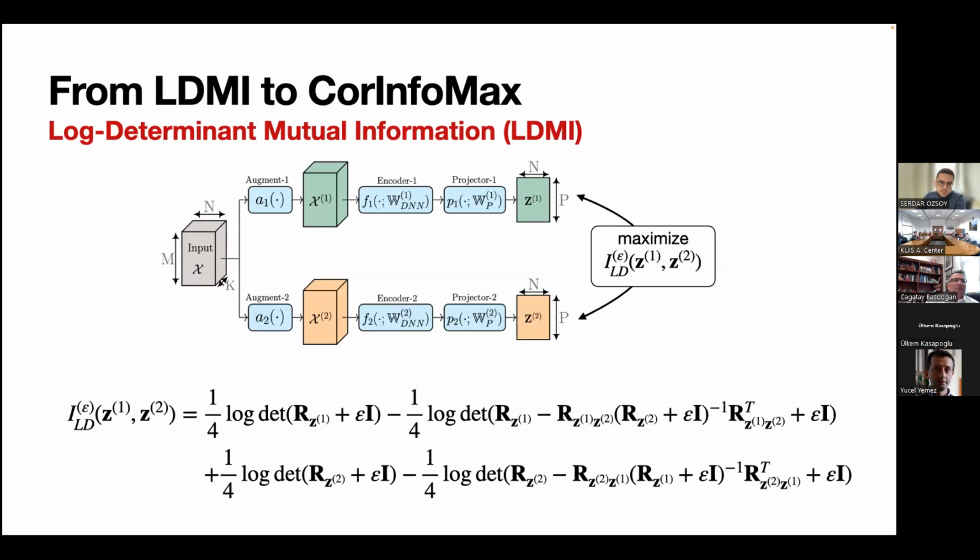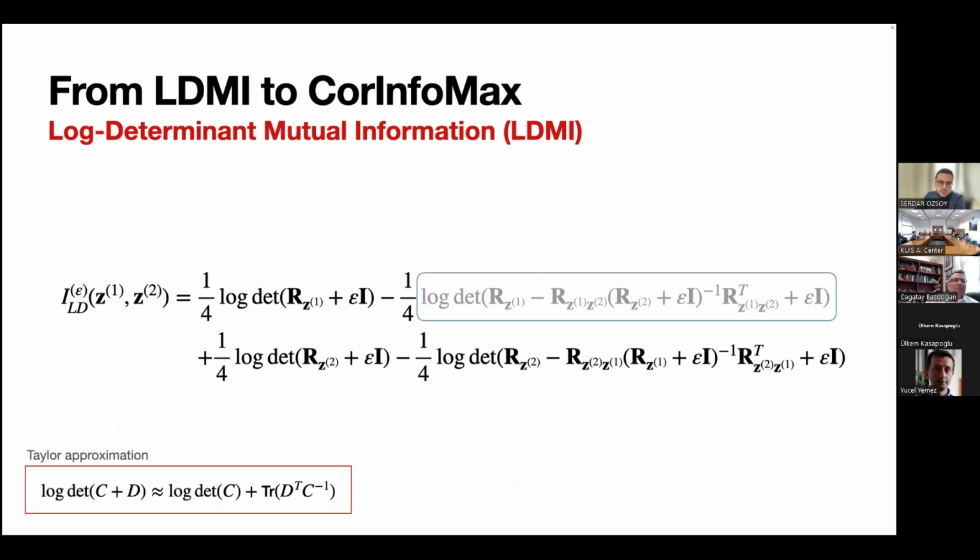As the self-supervised learning objective, we propose to maximize LDMI between two output representations, Z1 and Z2. With this purpose, we also calculate it for Z2 and Z1 and take the average. However, in this format it is computationally expensive, and we want to make a simplification for self-supervised learning.